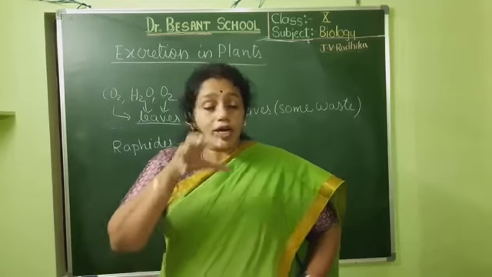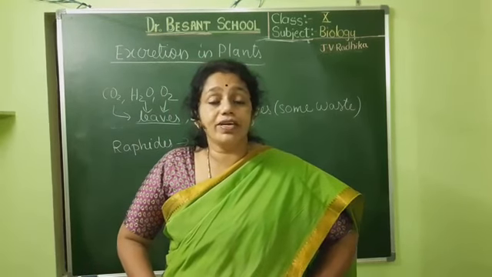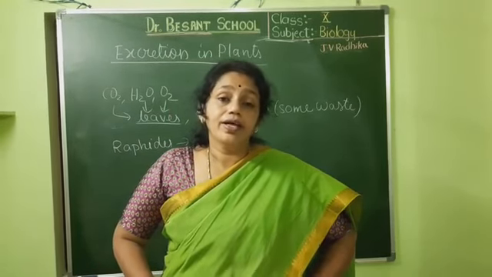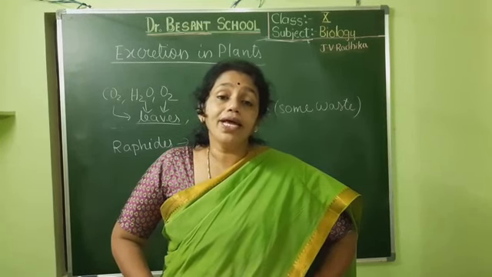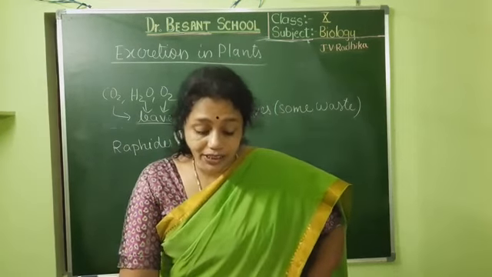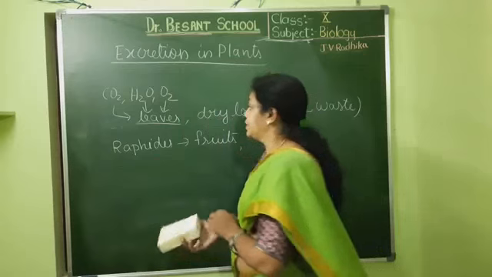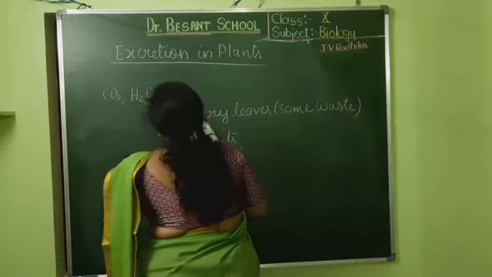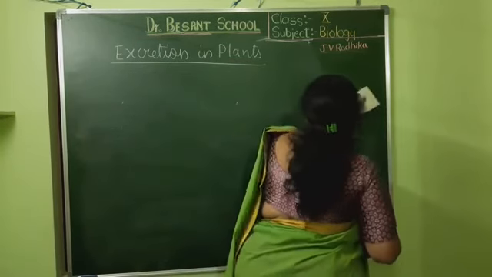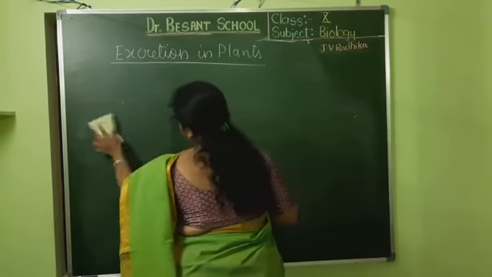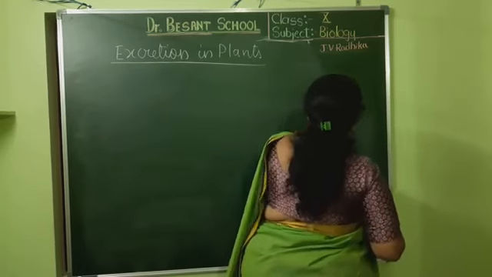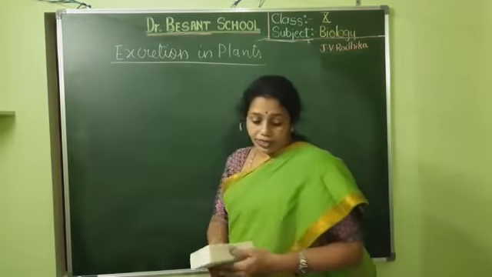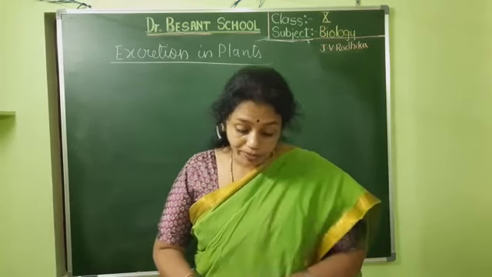As these organic substances are required for the growth and development of the plant, they are called primary metabolites. Whereas those which are not required for the growth and development are called secondary metabolites.